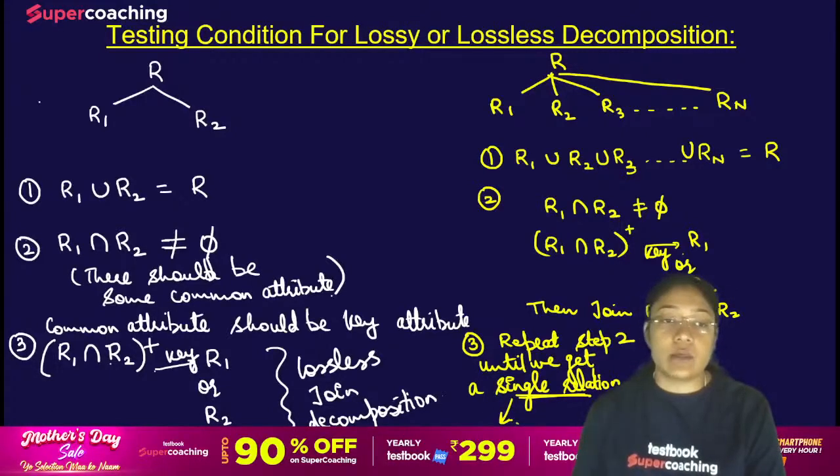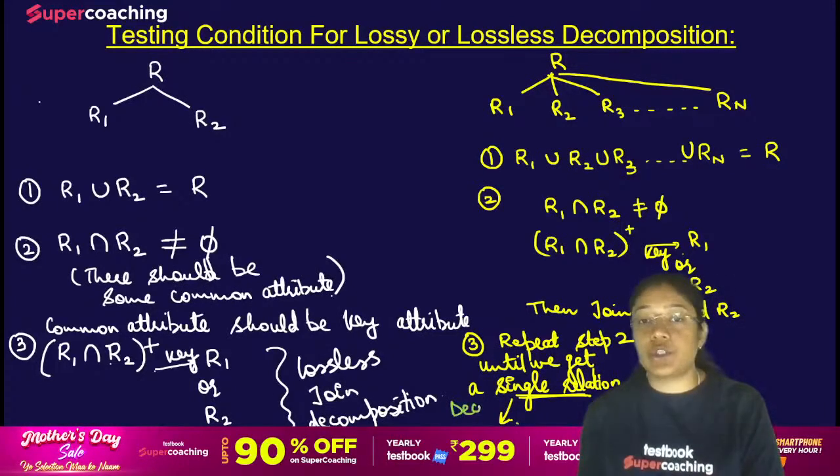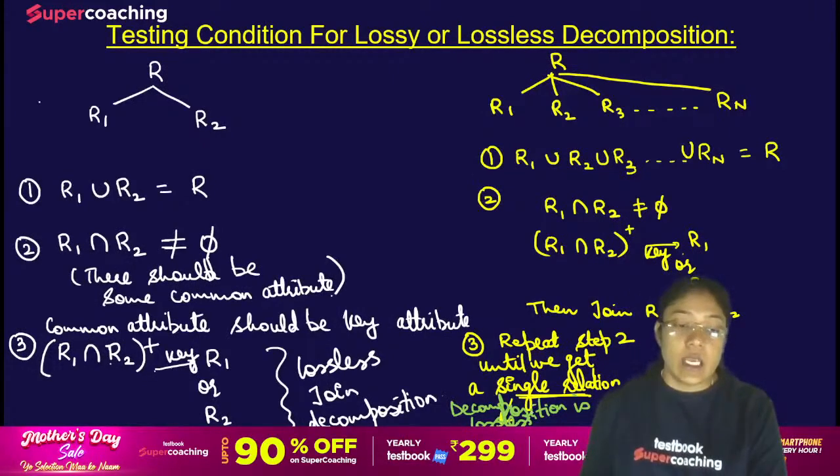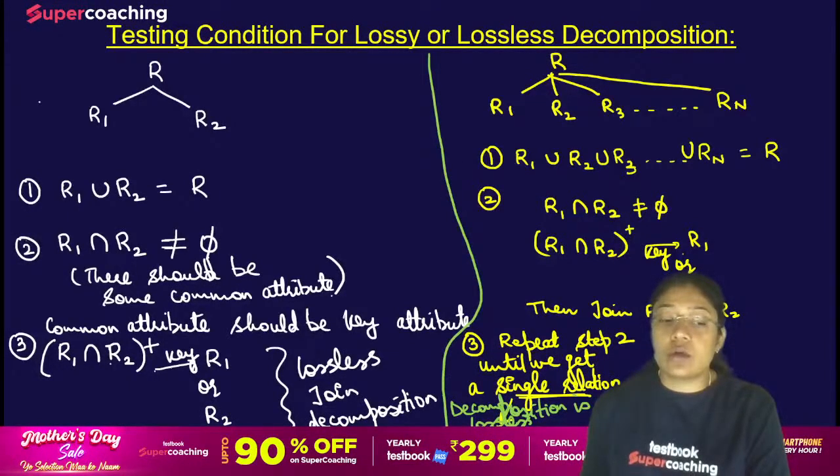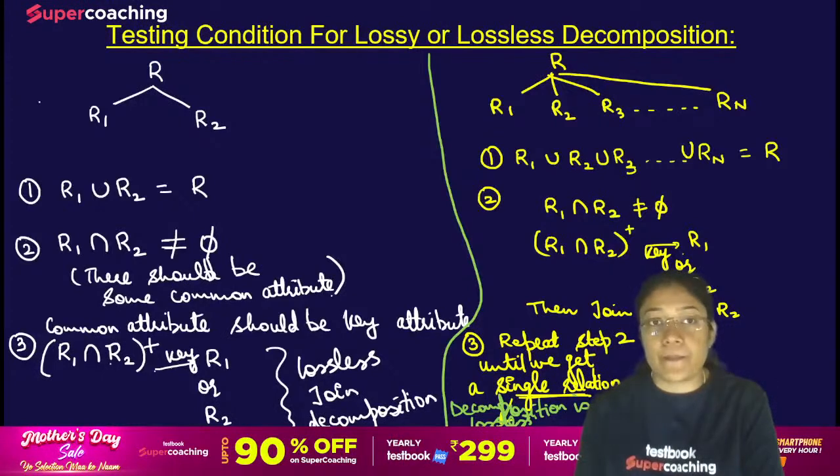So let me write here, if that is the case then we can say that decomposition is lossless. Make sense? If these rules are clear, then let's apply these rules on the set of questions so that it gives you more clarity and more confidence.